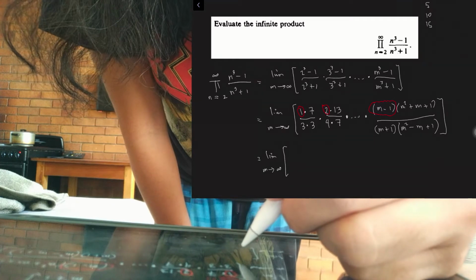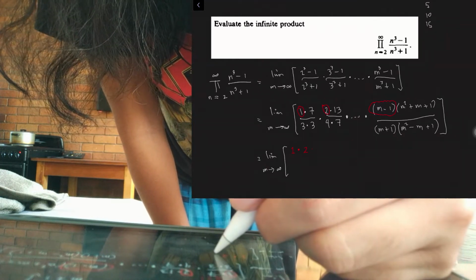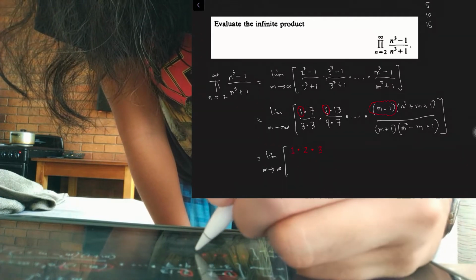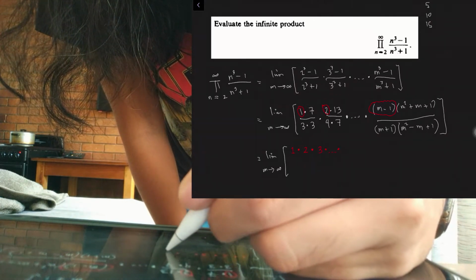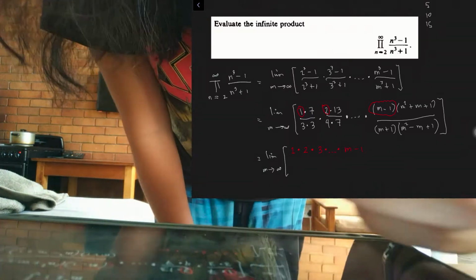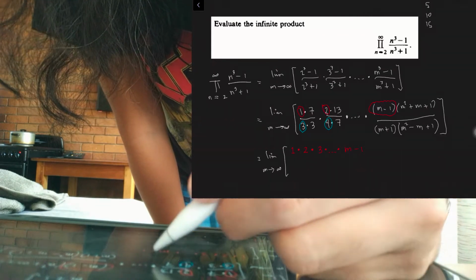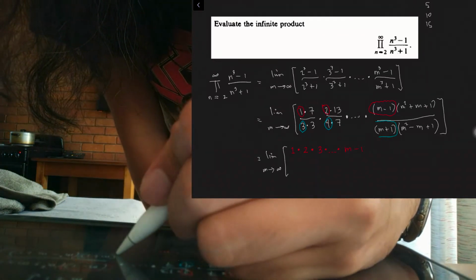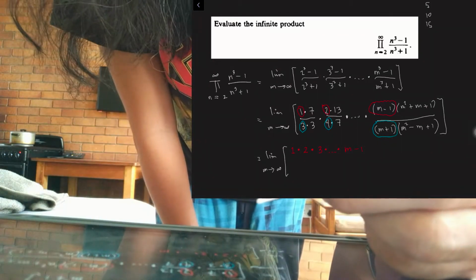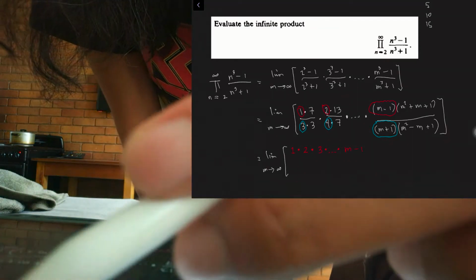Let's write the terms that I've encircled in red ink. That's 1 times 2 times 3 all the way up to m minus 1, correct? Similarly, the terms here, if you look, are 3, 4, all the way up to m plus 1. They are behind the terms above, but they go further, up to m plus 1.